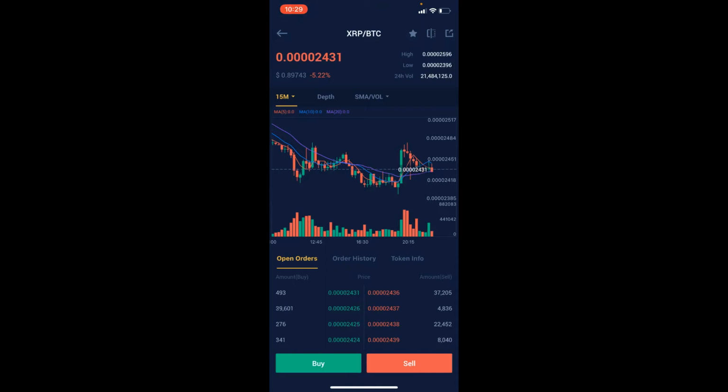That is the dollar value of the XRP to BTC pair, meaning XRP is now trading at 89 cents. That 89 cent XRP will be able to trade for however much dollar value of Bitcoin you have to trade it with. So all you would need to do is go to your buy button.